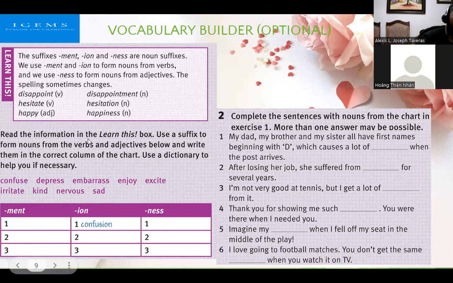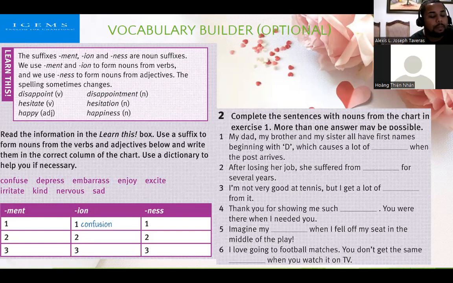Since we already learned this box, we're going to read this information. We use the suffix to form nouns from the verbs and adjectives below. Now we are going to complete this chart in the correct column. You may also use a dictionary to help you if necessary.